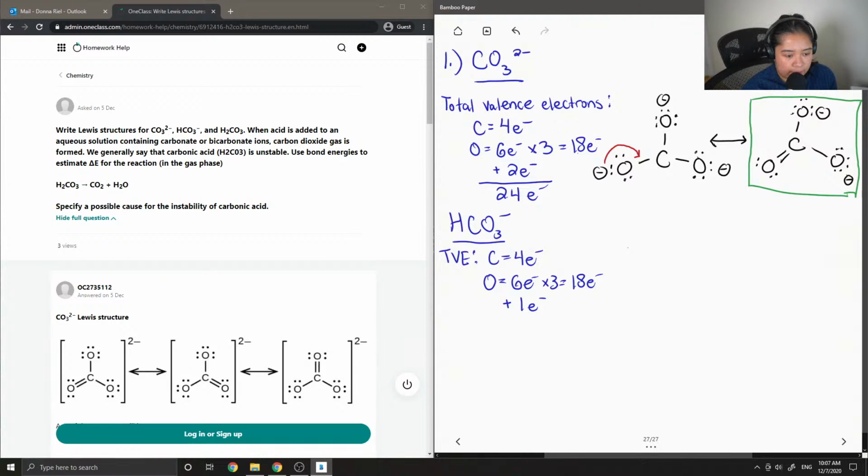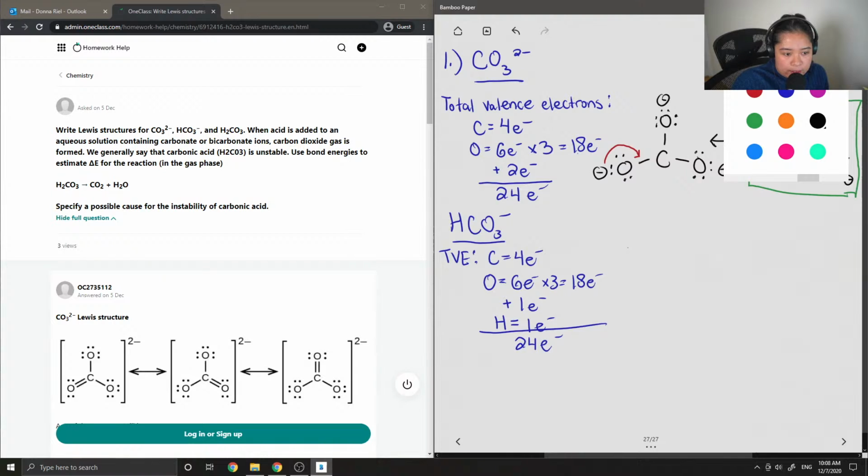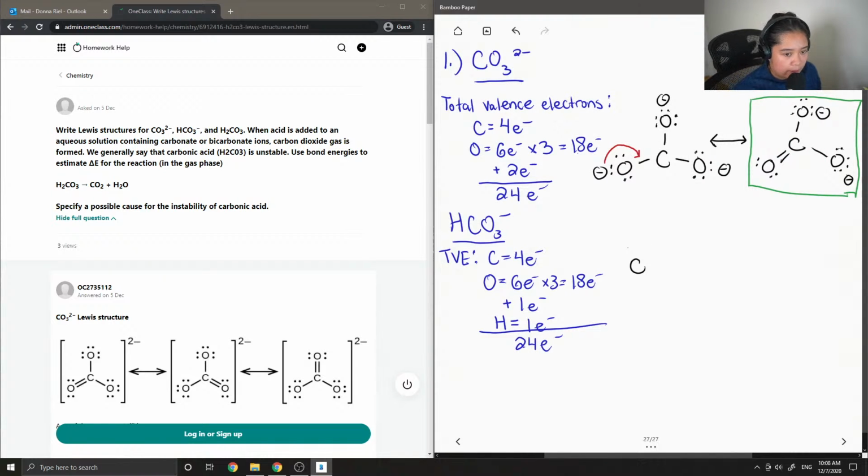And what I also need to write is that there is a hydrogen, which has 1 valence electron as well. So this will also give us a total of 24 valence electrons. This is pretty similar to our first ion, which makes sense because it just has a proton added.